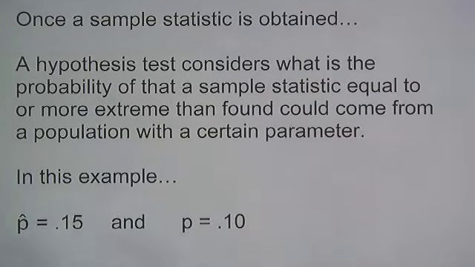Basically, a hypothesis test would tell me how likely this sample proportion is to come from a population where the true proportion is 0.1. So is it likely that 0.15 would come from a population where the true proportion is actually 0.1?